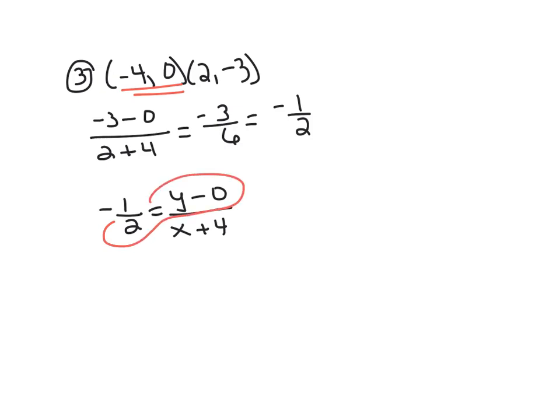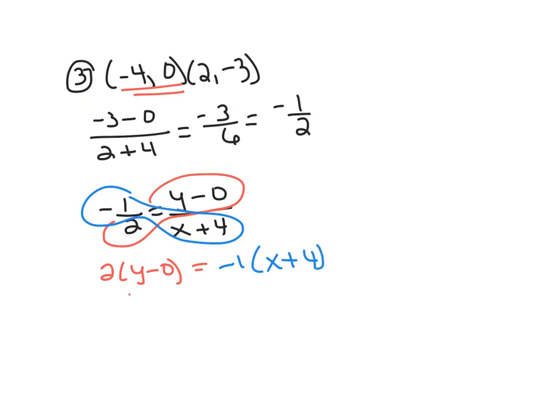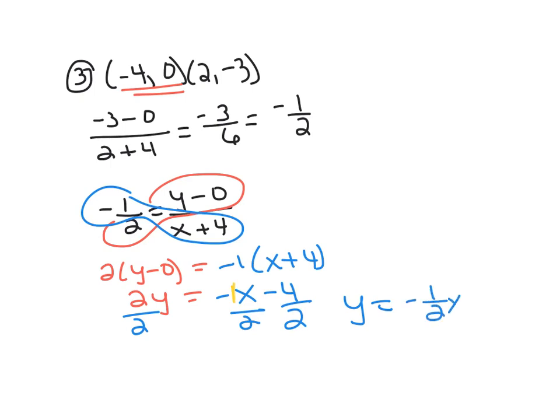Cross multiply again: 2 times y minus 0 equals negative 1 times x plus 4. Distribute: 2y equals negative x minus 4. I'm not going to do the minus 0 because I don't need it there. Divide, divide, divide. y equals, and remember there's that 1 there, negative 1/2 x. 4 divided by 2, negative 2. So sometimes it works out that they're whole numbers, sometimes not.